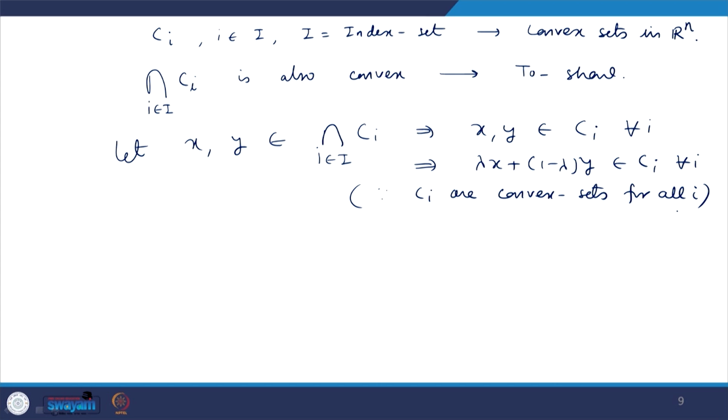So, this implies lambda x plus 1 minus lambda y belongs to the intersection of Ci, i belongs to I, and this implies the intersection of Ci is also convex.